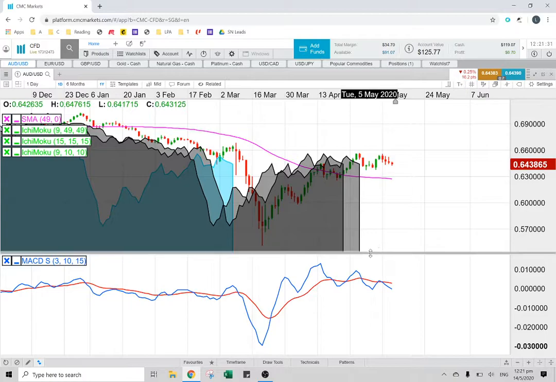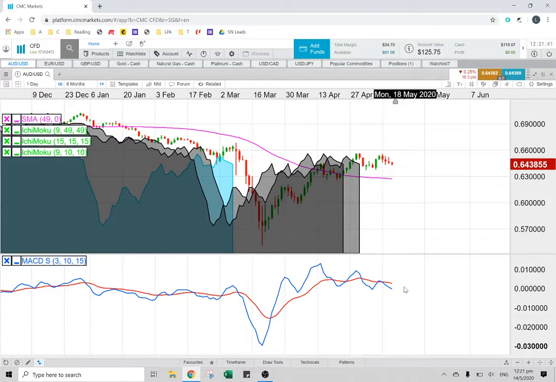Back to this, the lines are getting a bit too sideways in terms of the trend, and I don't really like to see this picture. I don't want to be shorting this, given that if the price stays over here the next few days, we would be looking at a trend that probably starts to turn up.